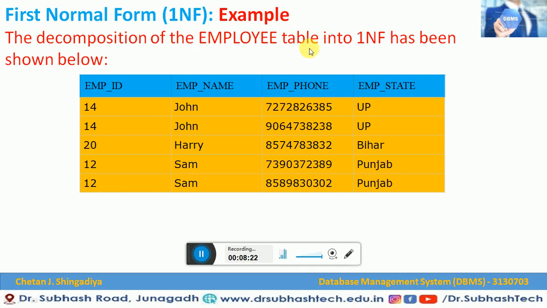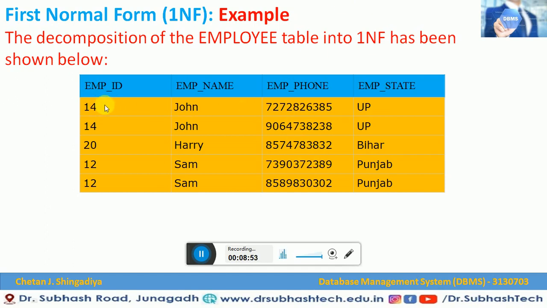The decomposition of the employee table into first NF has been shown below. That means we have to provide each record once. Every tuple or every row should contain only one value, or we can say an atomic value. Whenever we have a multi-valued attribute or composite attribute, we have to convert it into a single-valued attribute or atomic value. So that we have done.